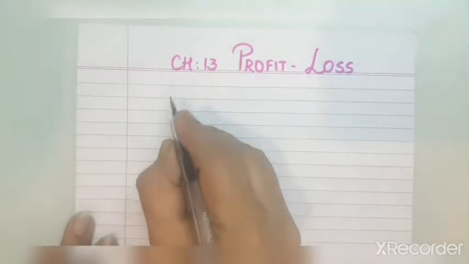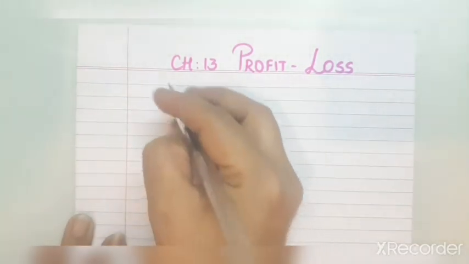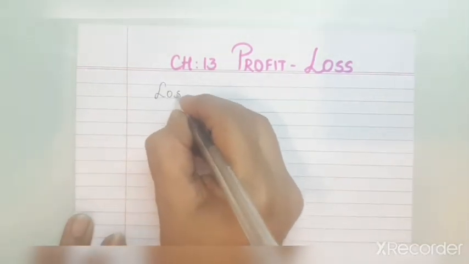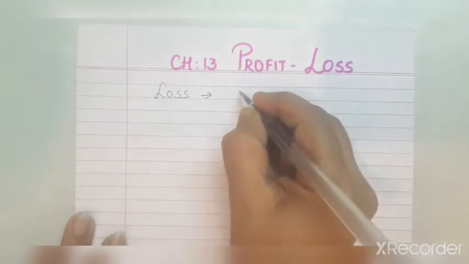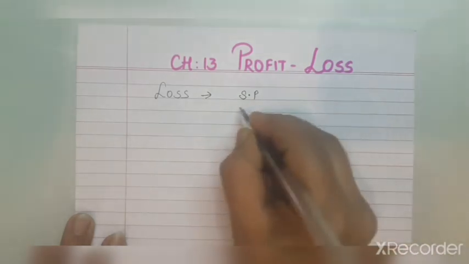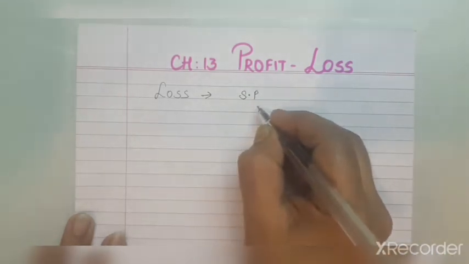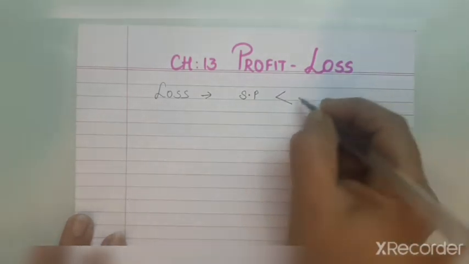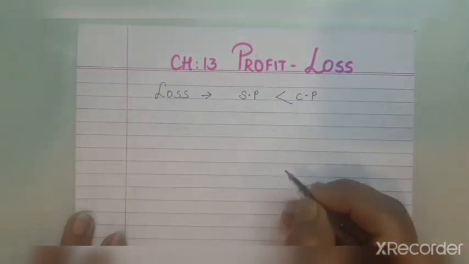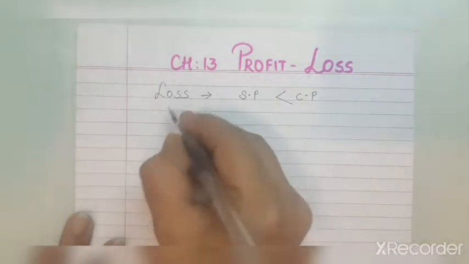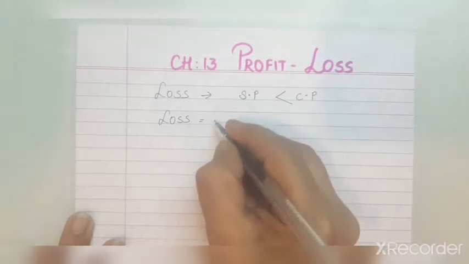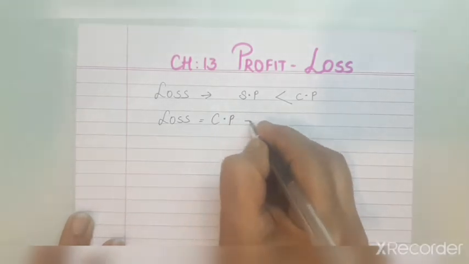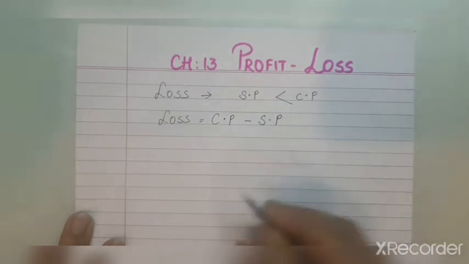As I told you, in your notebook, you're going to write loss. When there is a loss, the selling price, we write SP for selling price, is less than the cost price. And the formula for loss is equal to cost price minus selling price.